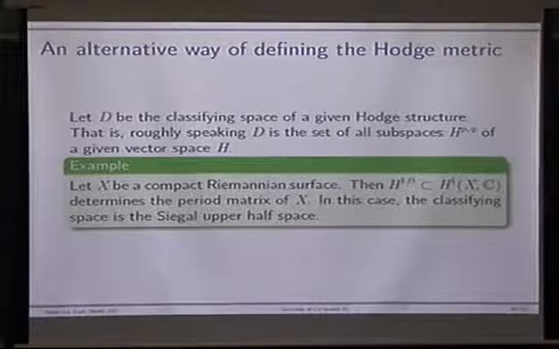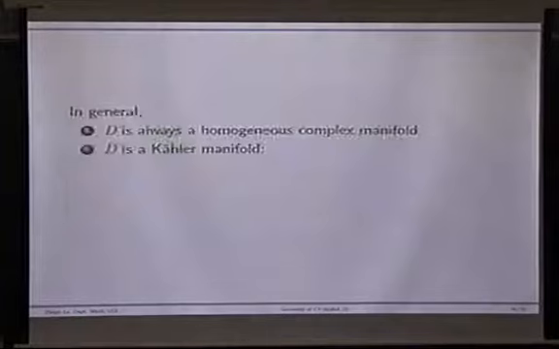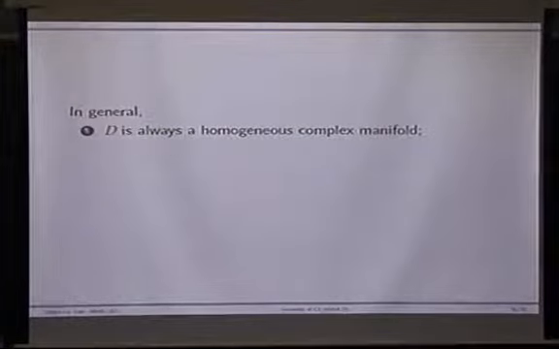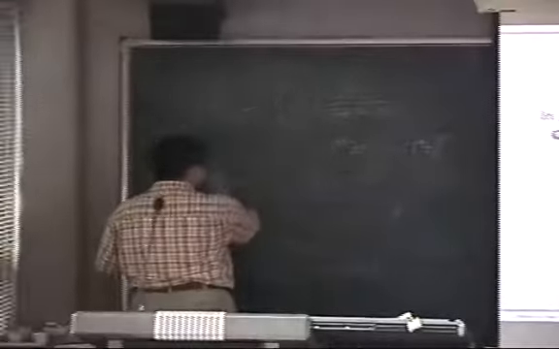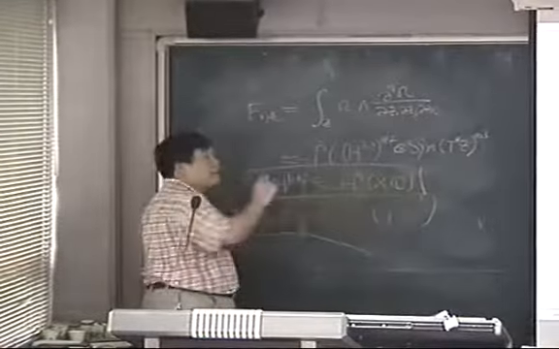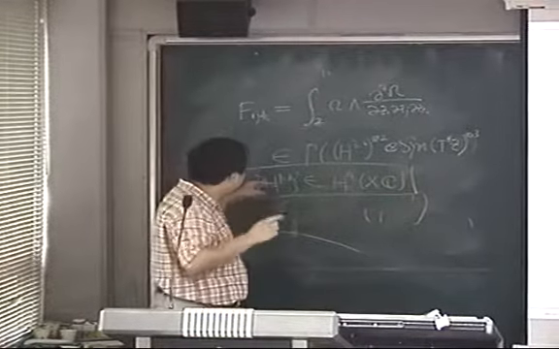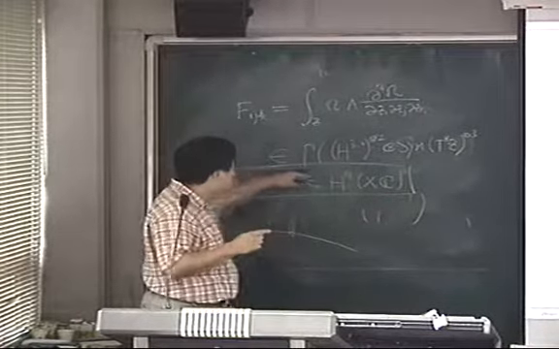In general, for the classifying space, suppose D is the classifying space, it has to be a homogeneous space because it's basically H^{p,q} sitting in H^n(X,C). Let's assume that for H^{p,q} we map all the Hodge subspaces with p plus q equals n.